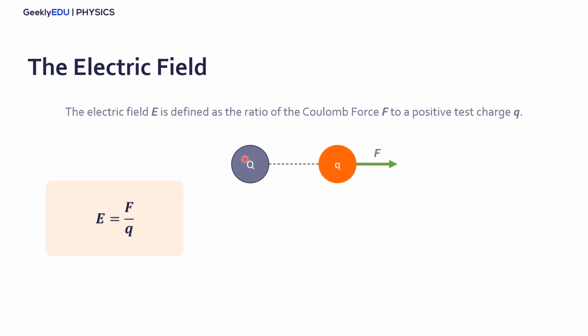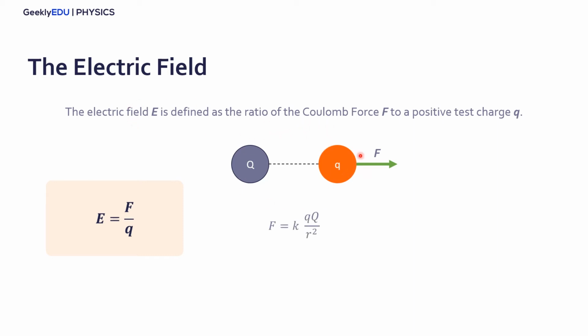This is a positive particle, and we have this positive test charge and the force associated with the interaction between these two particles. Since we have two positive charges, the force will be in this direction. By the ratio of this force and the test charge, we get the electric field.